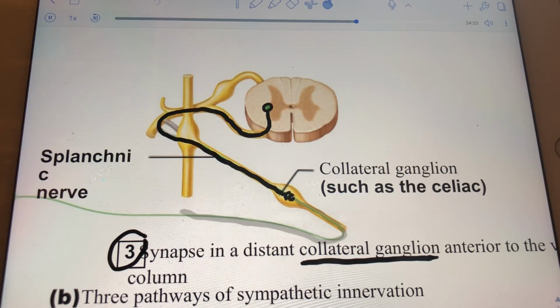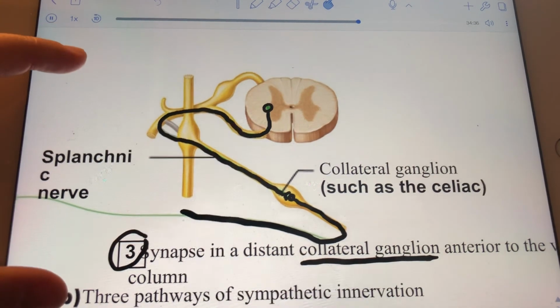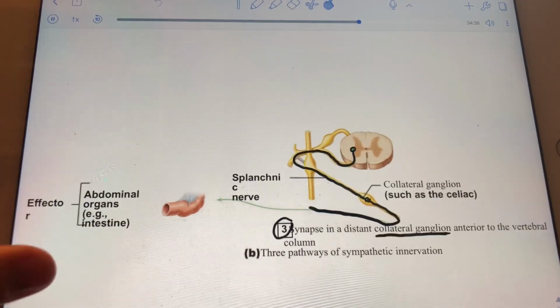Here's the cell body housed within that collateral ganglion of the postganglionic neuron, and it's going to make the rest of the trip for that particular pathway. Okay, so those are the three possibilities.